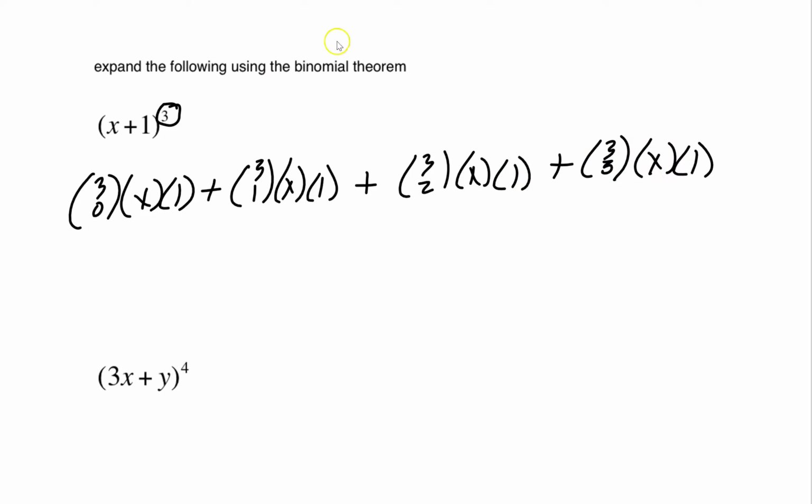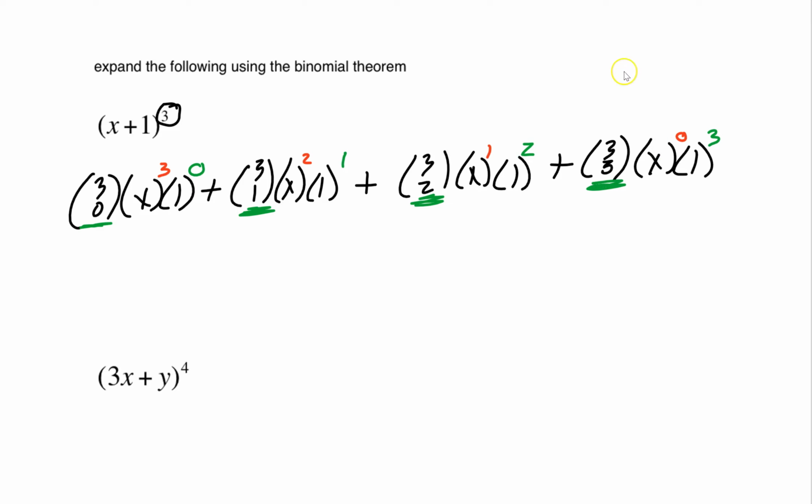Not done, I have to do the powers. Now remember the bottom power always matches this number, the second one. And then these two things add to be 3. So in this case, 0 plus 3, 1 plus 2 would get me 3, 2 plus 1 would get me 3, and 3 plus 0 would get me 3. And that's the setup.